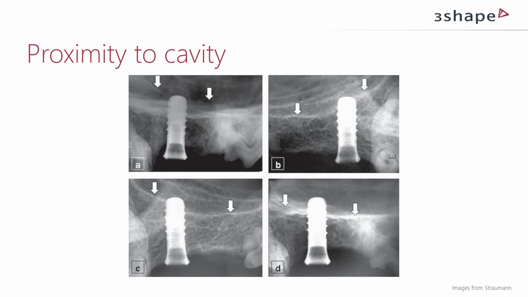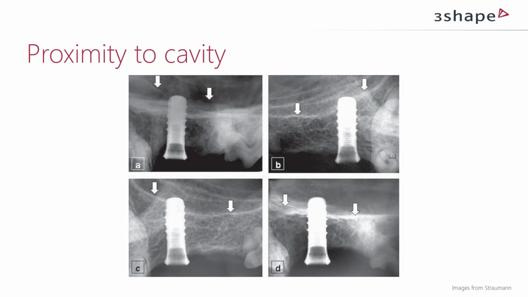Of course, when we plan and we know that we will penetrate this area and go into the sinus or the nose cavity or somewhere else, we can plan accordingly. We can stop drilling just before. We can punch it up or lift it up with osteotomy tools, or actually open up a lateral window into the sinus and make a graft inside where we place the implant.